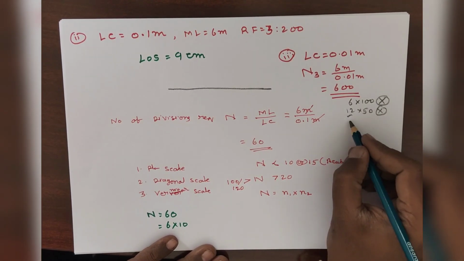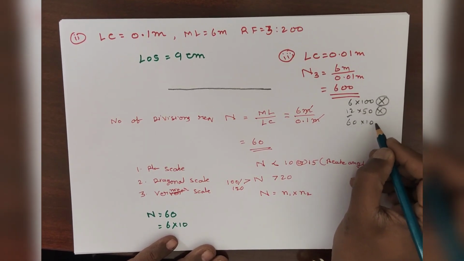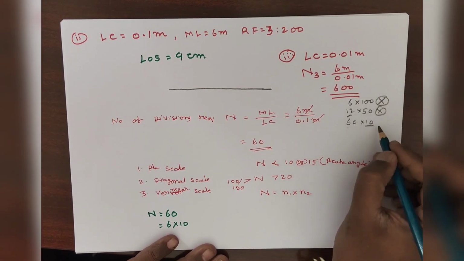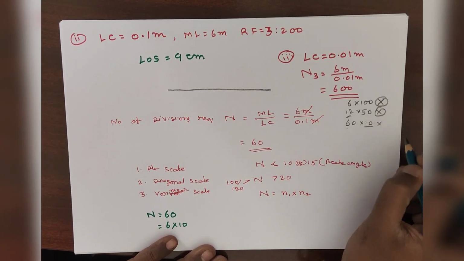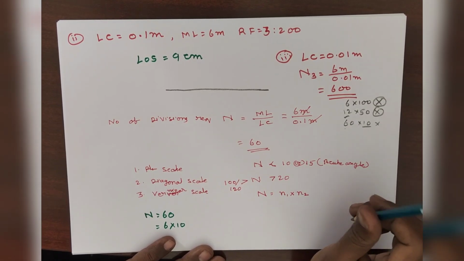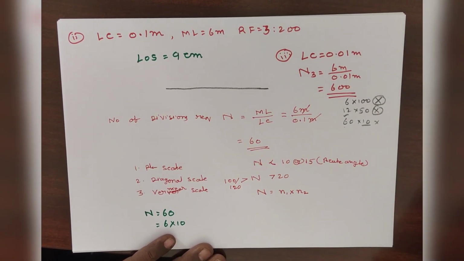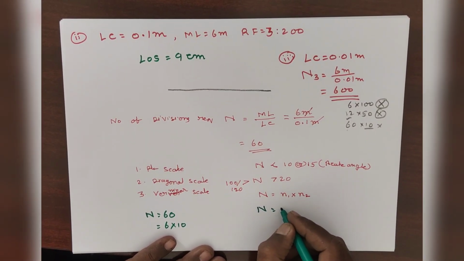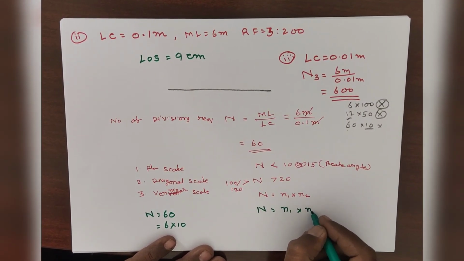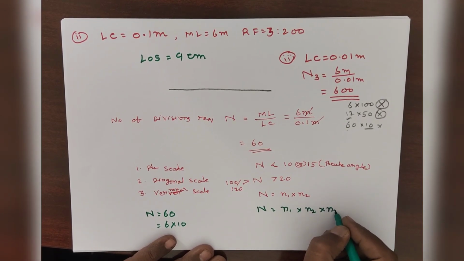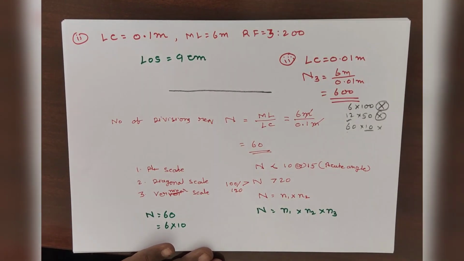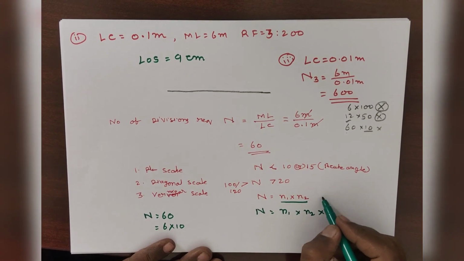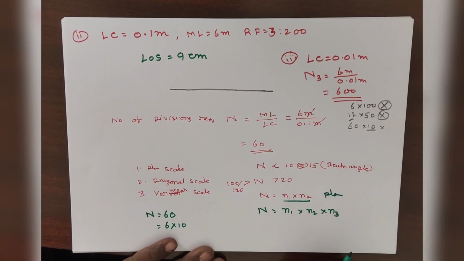Then is there any other provision? 60 into 10. 10 is possible, sir, 60 is not possible. Then in this situation, what will we do? In such cases, we will take n equal to n1 into n2 into n3. Whenever it is only 2, it is a plane scale.